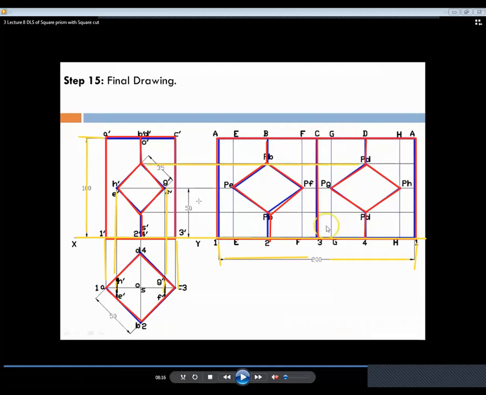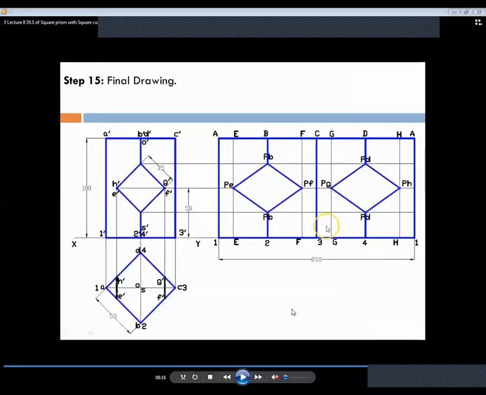These projections which we have taken for projecting points P, P1 dash, etc. are also faint. Whatever lines I have drawn with yellow color are the faint or thin lines, and whatever lines you are seeing in red color are the dark or thick lines. Fine. So we have completed the problem.